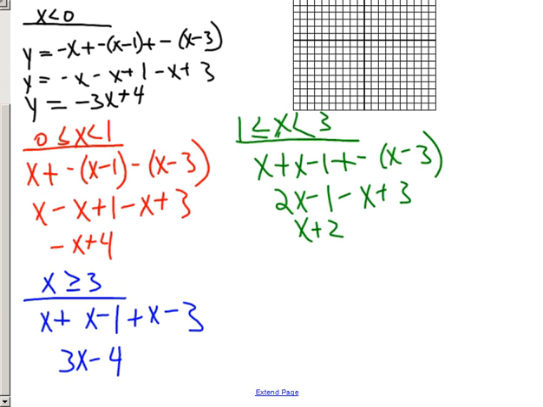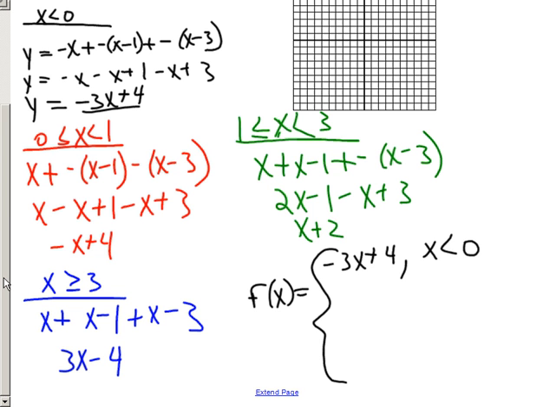To write this entire situation in nice piecewise format, here it is. It's 4 different pieces. Make a nice big one. Okay? I'm going to get negative 3x plus 4 when x is less than 0.